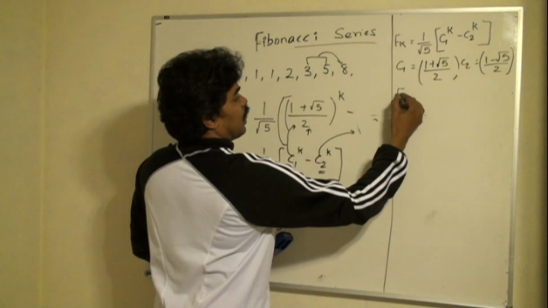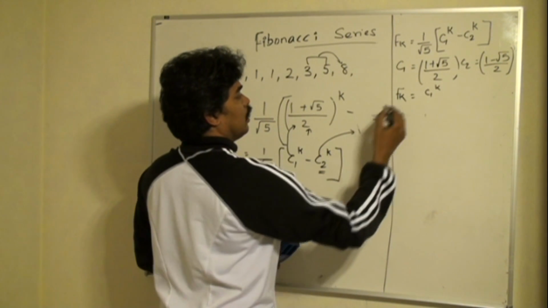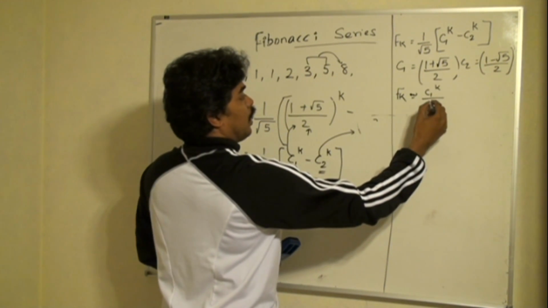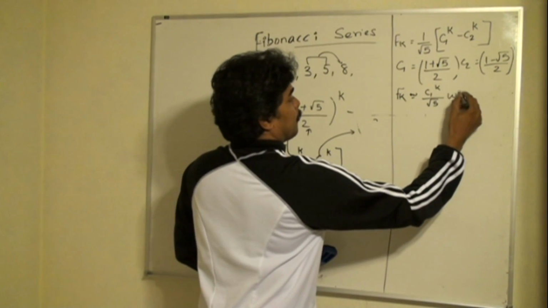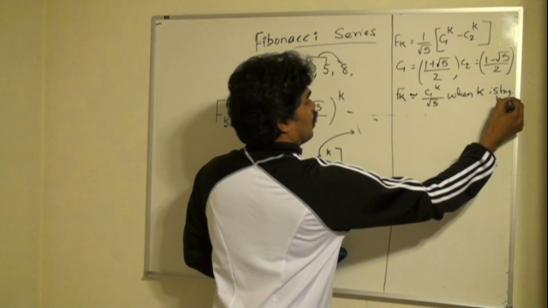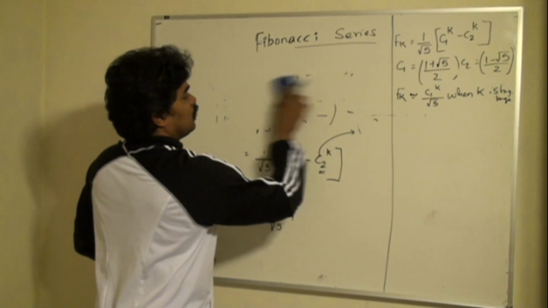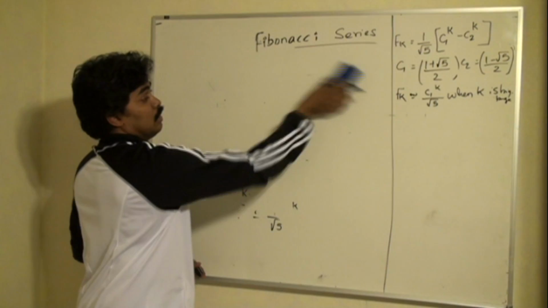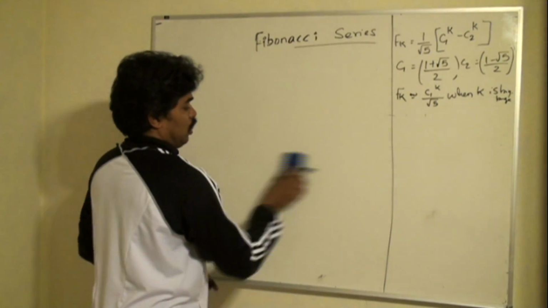And when k is large, or approaches infinity, the kth element of the Fibonacci series is C1 to the power k by square root of phi. So that is basically the formula. What I'm going to do here is derive that formula stepwise and show how we can come to it.